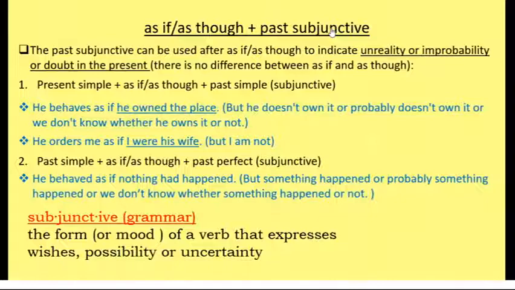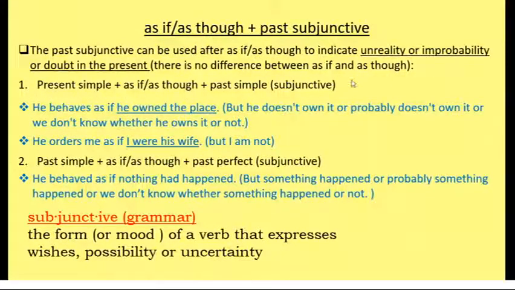Subjunctive is the form or mood of a verb that expresses wishes, possibility, or uncertainty. Let's read the rule here. The past subjunctive can be used after as if, as though to indicate unreality or improbability or doubt in the present. One thing you should keep in mind is that there is no difference between as if and as though.